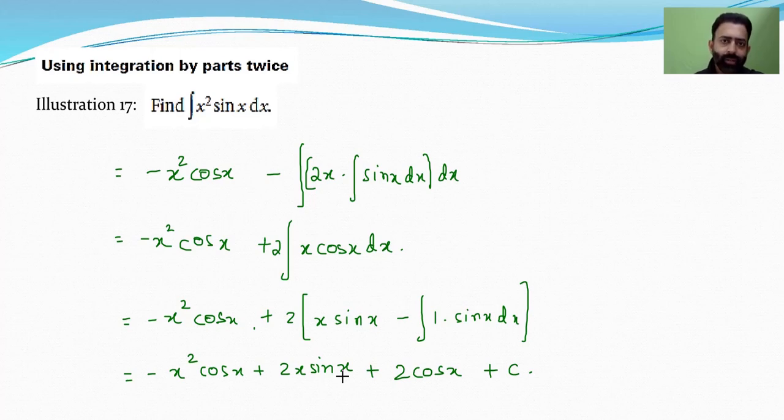Now last topic in this is that suppose you have been given any function of the type, let us say you have to integrate, I'm calling this integral I, as integral of e raised to power x cos x dx.